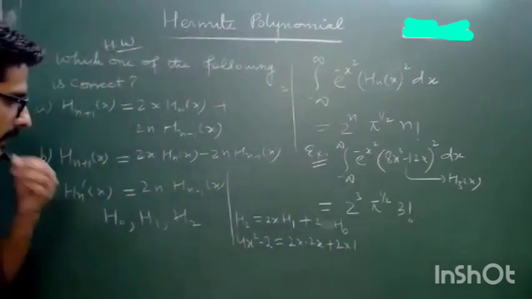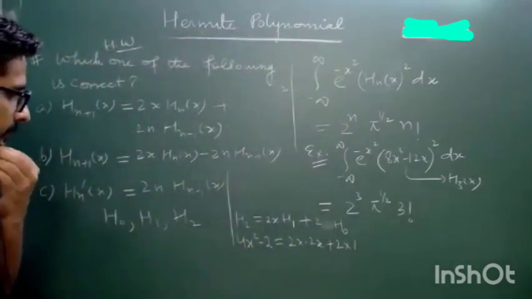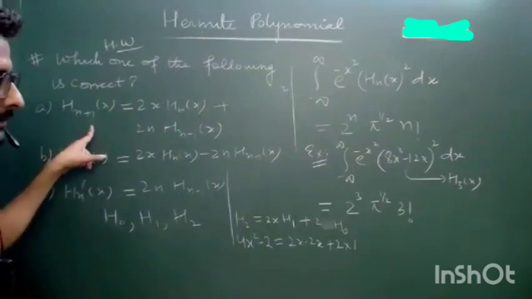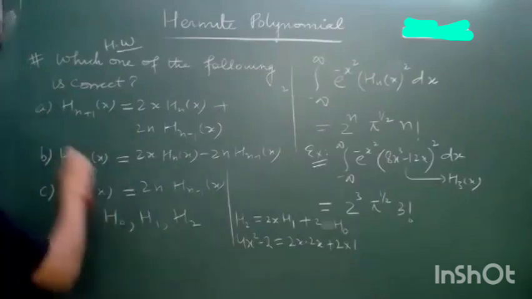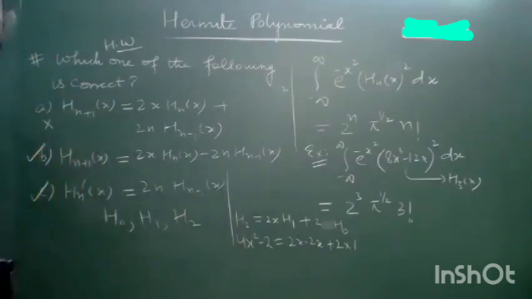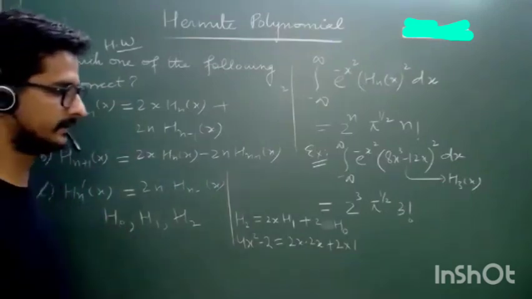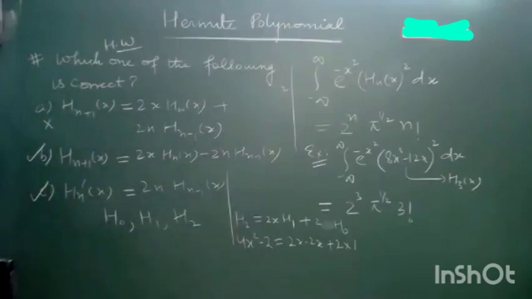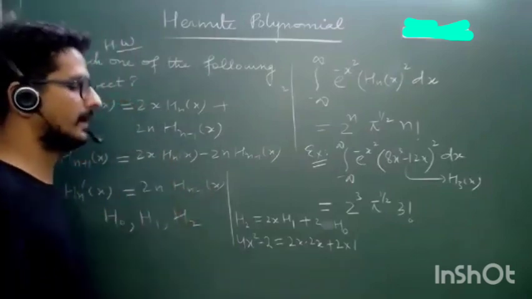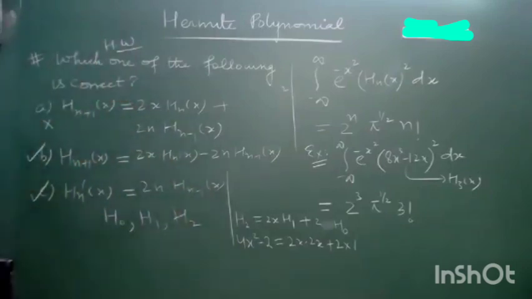So how is it the same? This is incorrect. The second one is correct. So this is not correct. This is correct and this is correct. Check these two. This is incorrect. So if you learn this method, it will surely help you in some question to calculate. Okay?